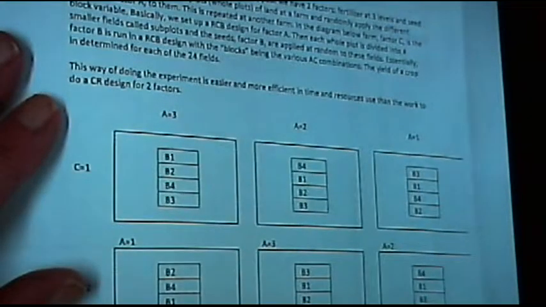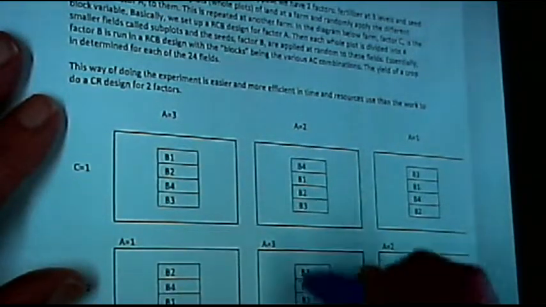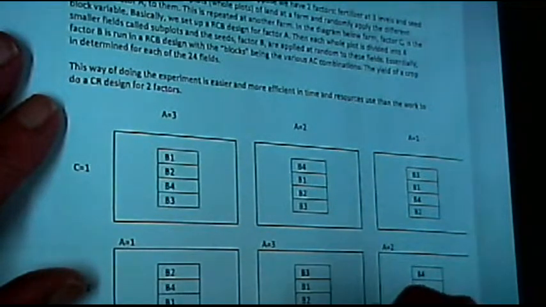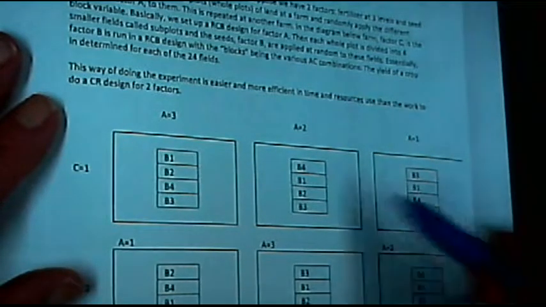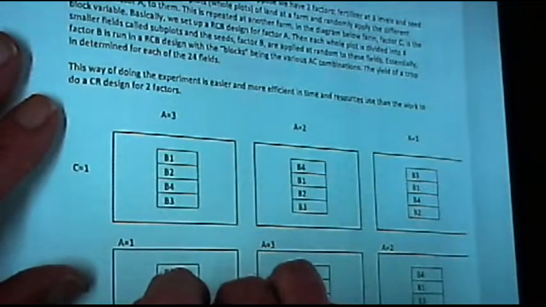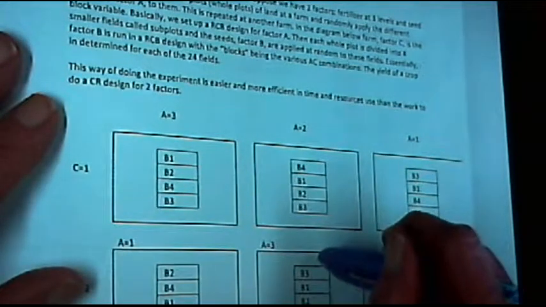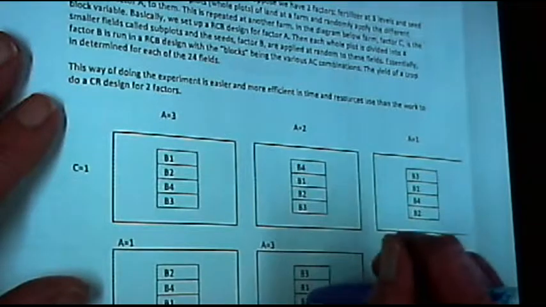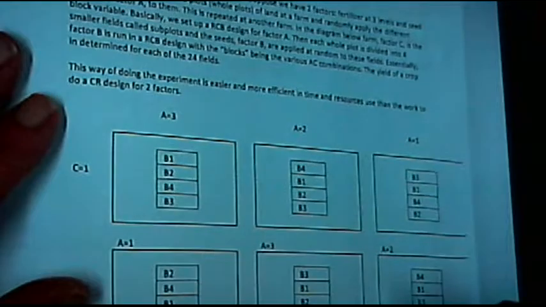So, for example, in year 1, I might be here and here, and then in subplots, apply the different levels of nitrogen. That fits, and that goes on for year 1. And for year 2, I come over here and here, and in the subplots, apply the nitrogen as appropriate. And finally, in the third year, I'm here and here, and repeat again.